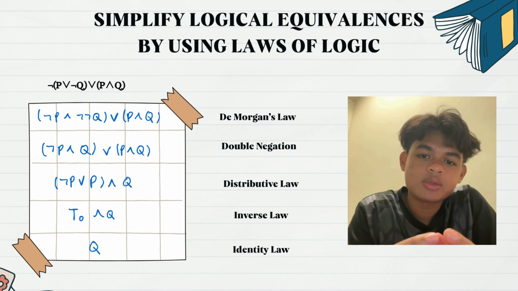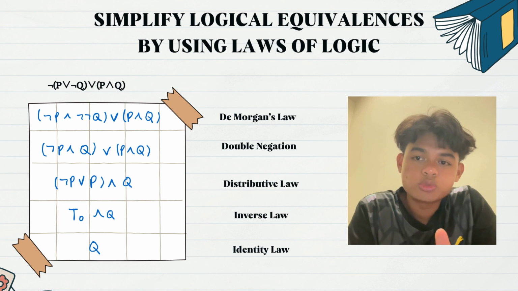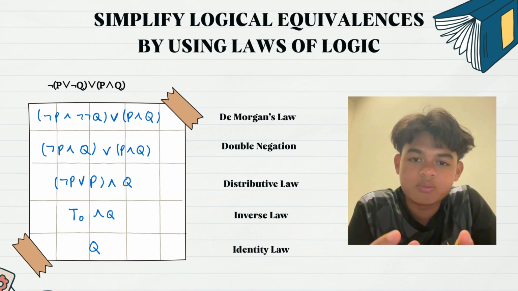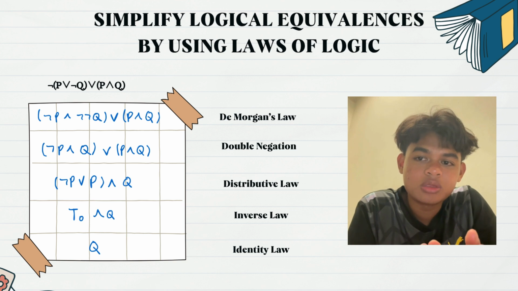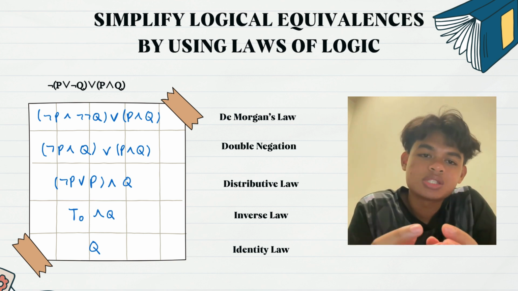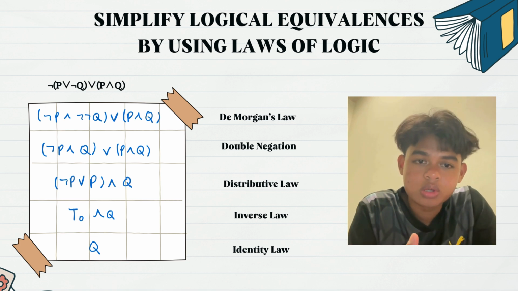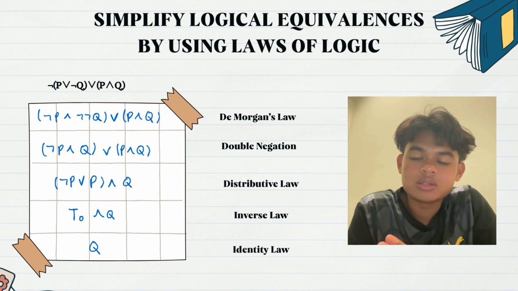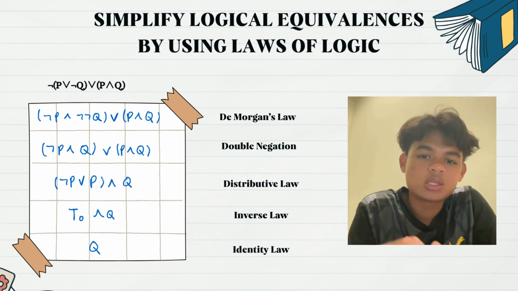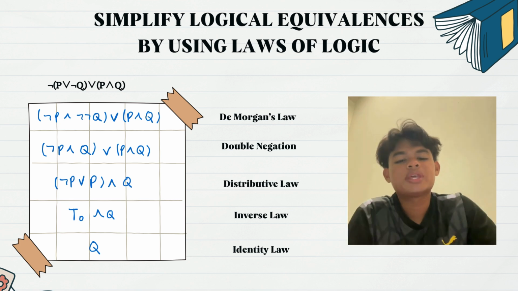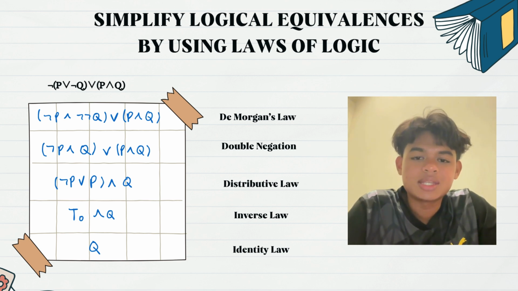After that, we can use the distributive law, which will result in (not P or P) and Q. As you can see here, there are two same variables, P and not P. We can use the inverse law on not P or P, which will result in true. So after that, the result is true and Q. True and Q, we can use the identity law, which will result in Q.